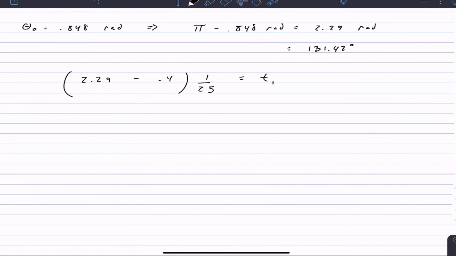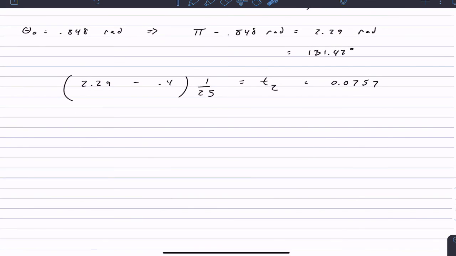Times 1 over seconds, and this gives us a value for T2 of 0.0757 radians. Again, sorry, I'm just ignoring the units of radians here. This is fine because you end up with units of 1 over seconds. We already looked at that.